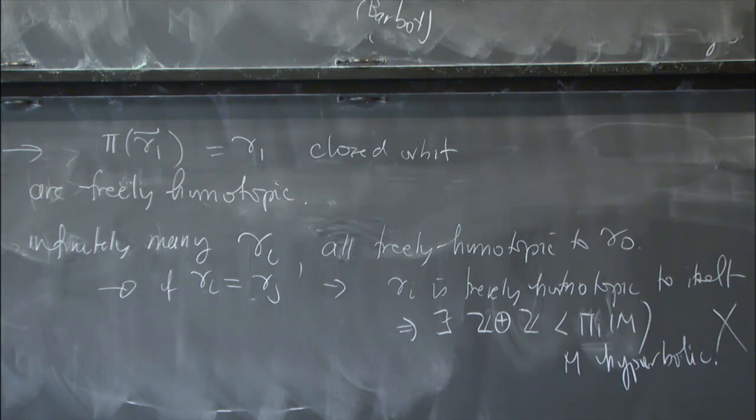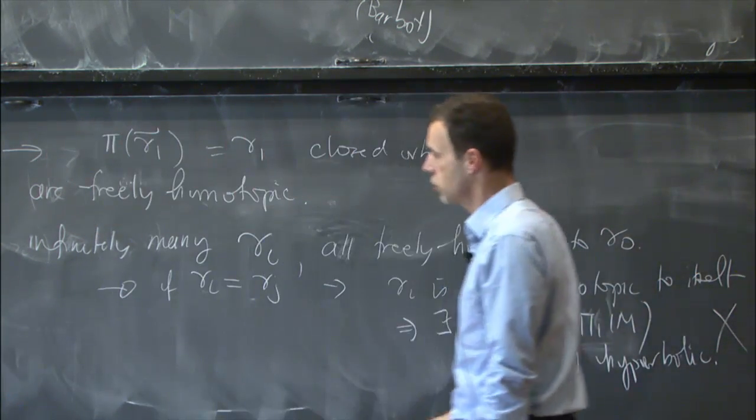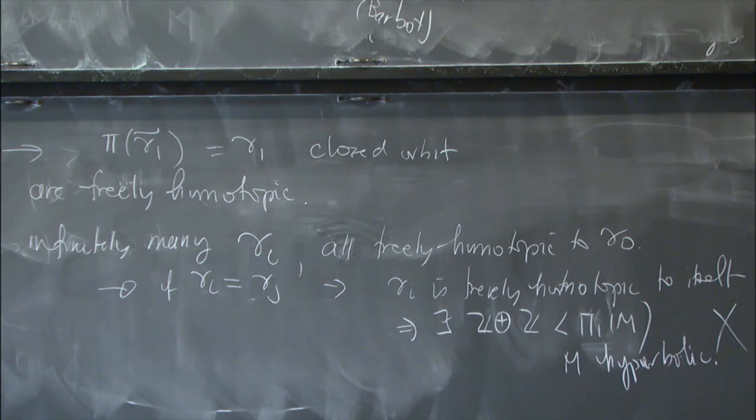Okay, so in this case of geodesic flows, it turns out that you always have two, and that's how you get infinitely many. All right.